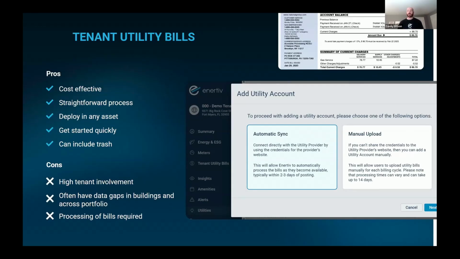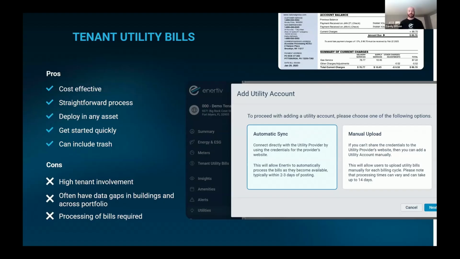Unlike Utility Direct Connect, where if you get data from a property, you're going to have the whole data for the property, it's entirely possible in a multi-tenant building to get data from some of the tenants and not others. So now you have not only potential data gaps across the portfolio, but also data gaps within a building, which can be really, really frustrating and challenging.